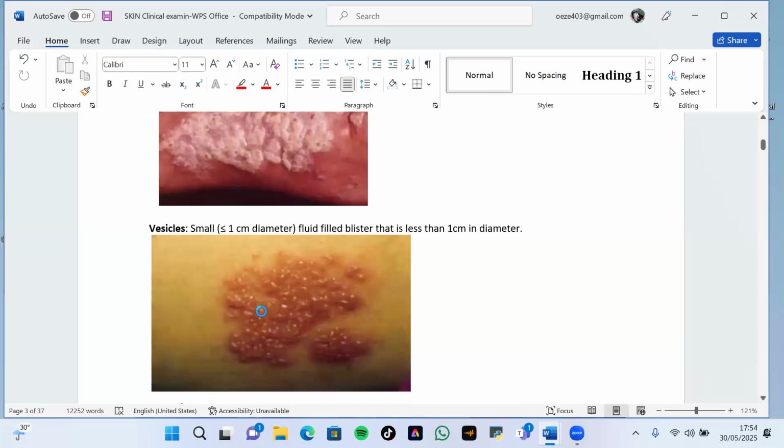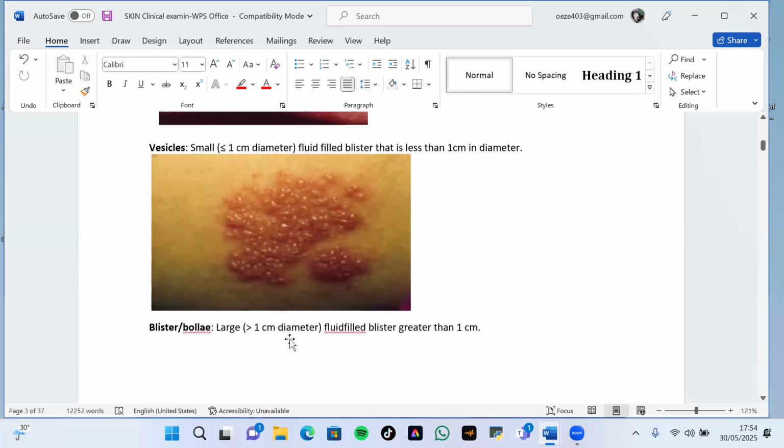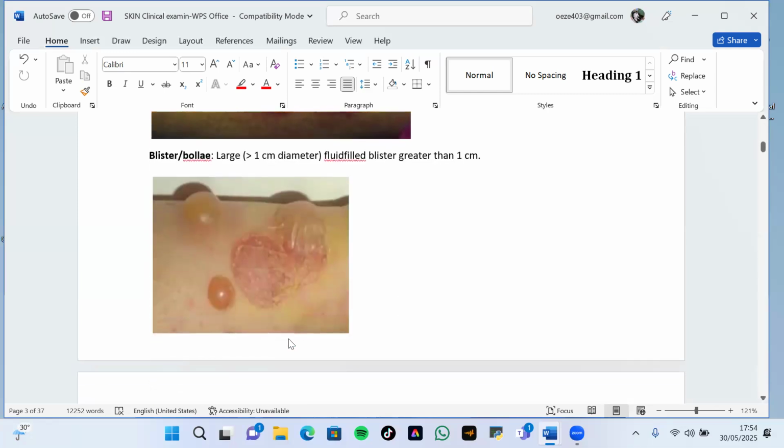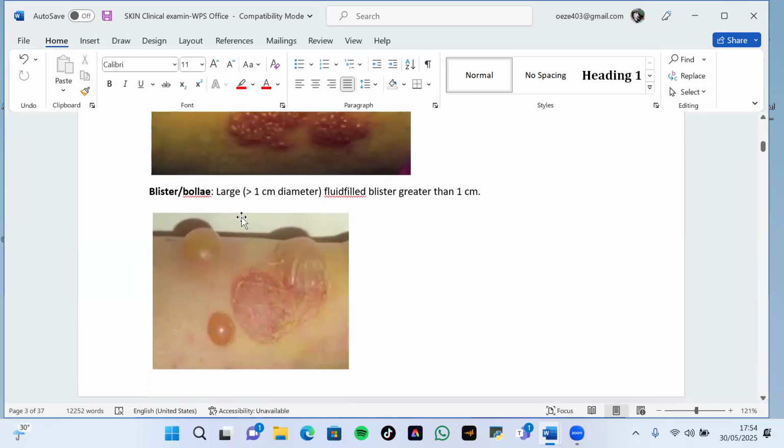Then vesicle. When we have a raised skin change, because the color of that place has changed, and it is raised but contains fluid, and the lesion is less than 1 cm, we call it vesicle. But when the raised lesion is greater than 1 cm, we call it blister.